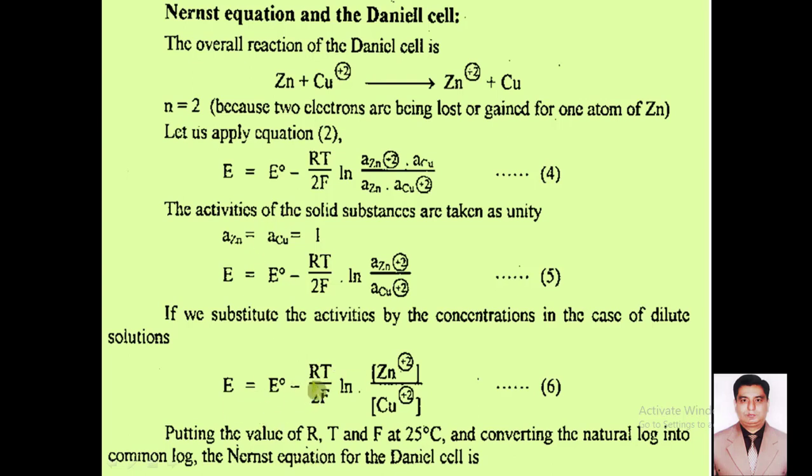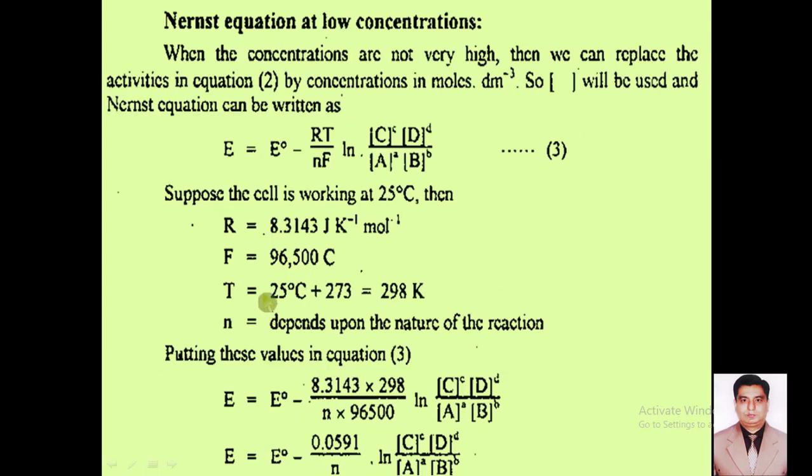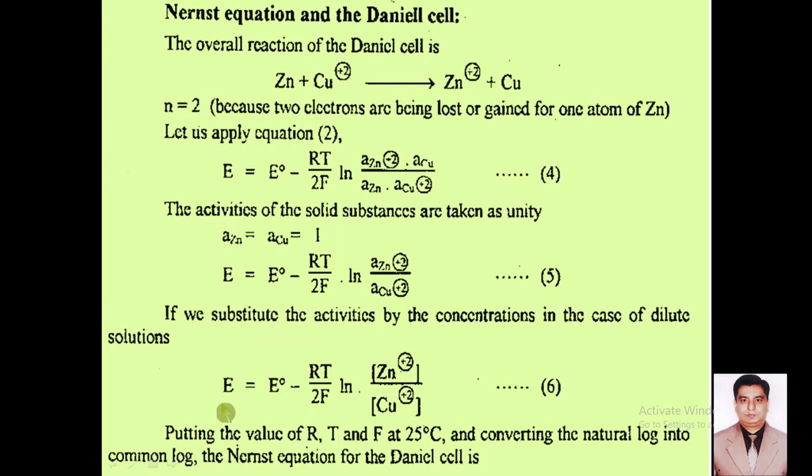The value given here: R is equal to 8.3143, F is equal to 96500, T will be equal to 298, and in this case the value of N will be equal to 2. So by putting all of these values, you can find out the electrode potential of the cell for the zinc and copper, or for the Daniell cell.